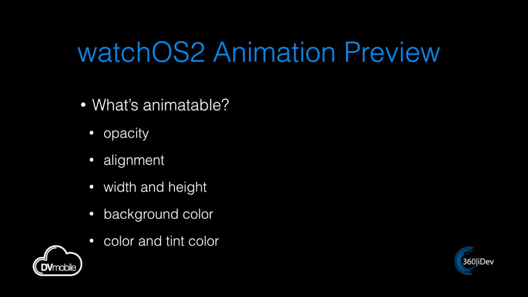They have opened up some animation of basic elements: opacity or alpha, alignment, width and height, background color, and color intent. What's the big one that's not here, obviously, is essentially size and transformation. Transforms. In other words, being able to move an object around on the screen, or in free flow.